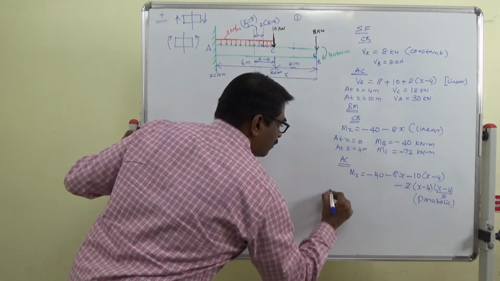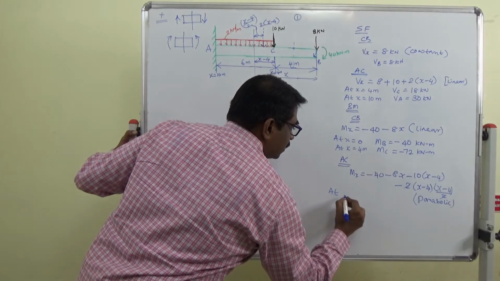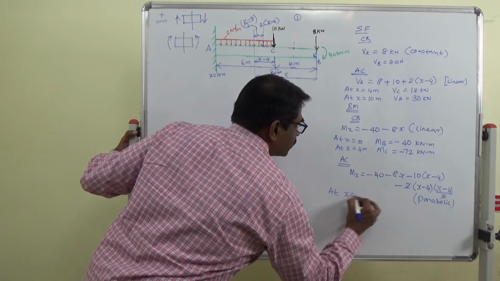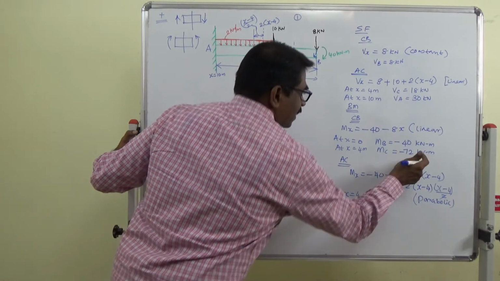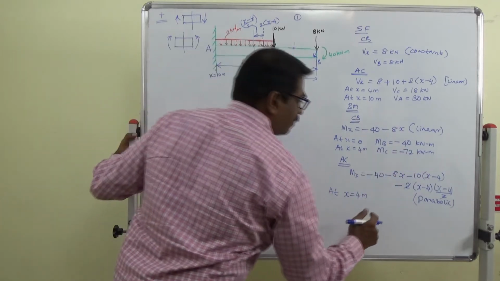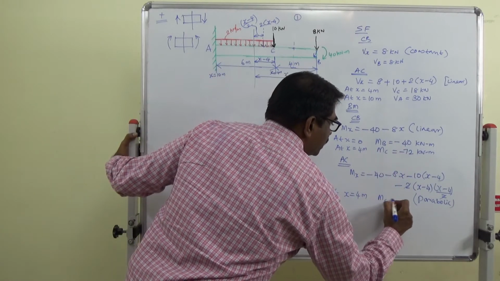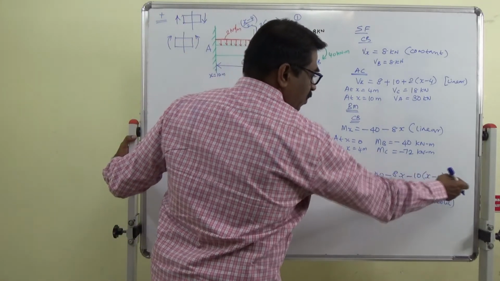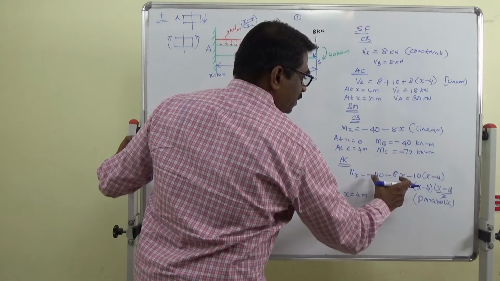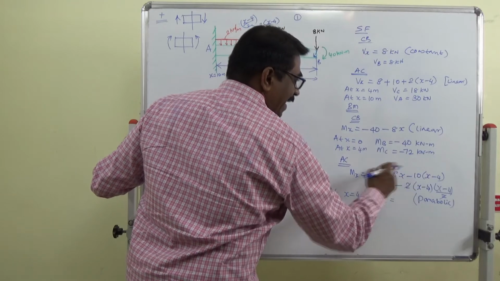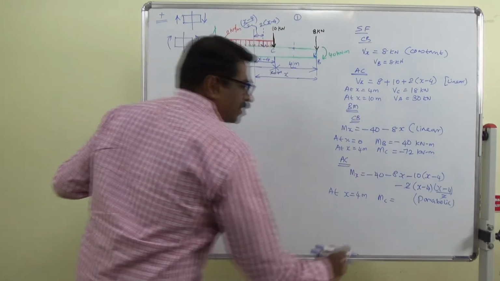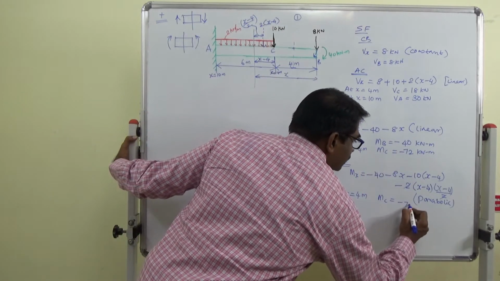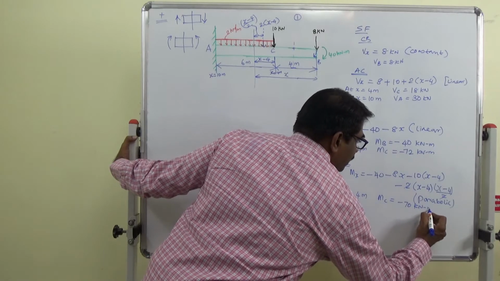Right? Now I apply the boundary condition, x equal to 4 meter. Already we have found the bending moment MC. Even if you substitute 4, this term will go, this term will go, these 2 terms remain, and substituting 4 we will get minus 70 kilonewton meter.